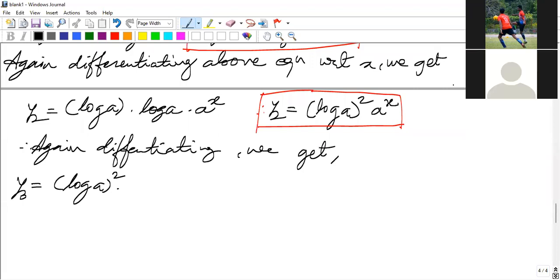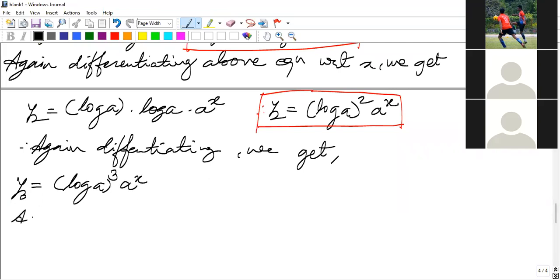Log a whole bracket cube a raised to x. Okay, that's great. Log a whole cube into a raised to power x. Great, you're getting into this easily now. So log a bracket cube and you'll be having a raised to x.